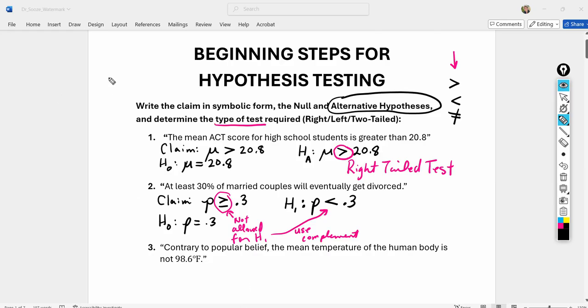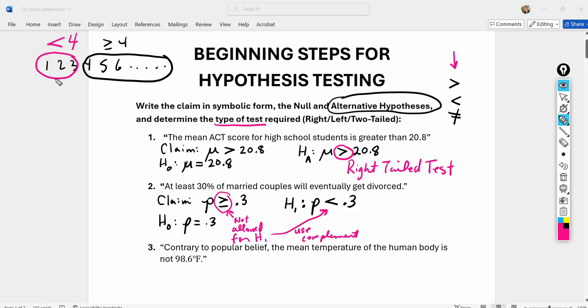Okay, so if I have, say, greater than or equal to 4, it would be that. And then the complement is everything that's not in there. So that would be strictly less than 4.